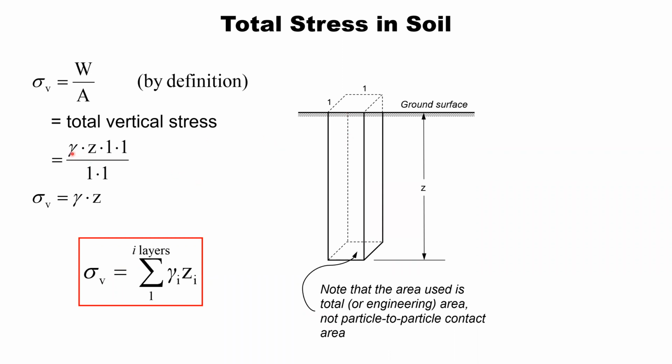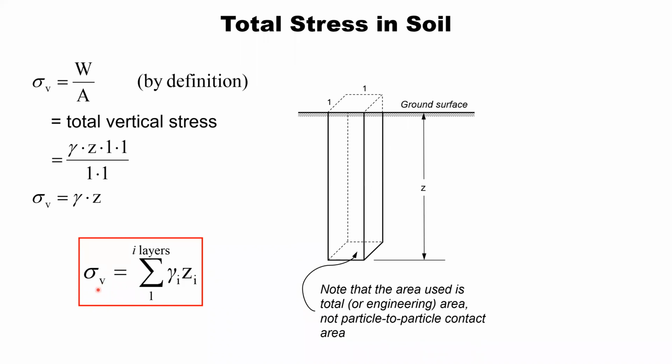If we take that unit weight, multiply it by our depth, multiply it by the unit area, we get our weight, divide by the unit area again, and we can then simplify this calculation for total vertical stress as our unit weight times depth. When we have layers with different unit weights, of course, this is just going to be additive, and so we sum up the unit weight times the thicknesses of different layers to get the total stress at any particular point.